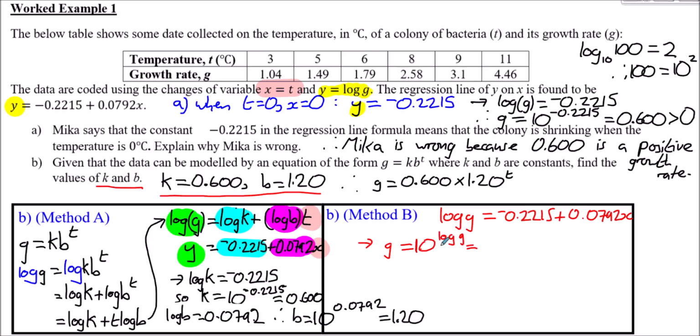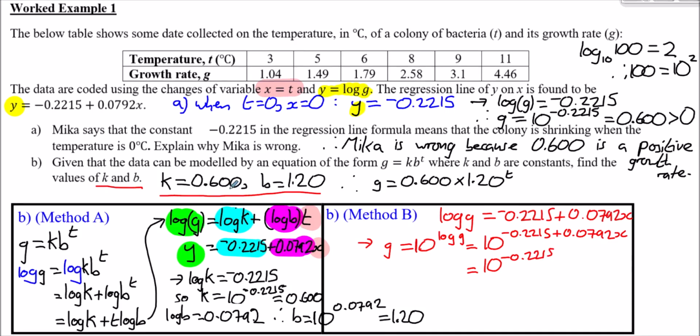So basically I'm raising both sides to the power of 10, so raise this all to the power of 10 would give me 10 to the power of minus 0.2215 plus 0.0792x. Now in the same way we can split this power into two bits. Because it's one thing plus another, you can say that's the same as 10 to the power minus 0.2215.